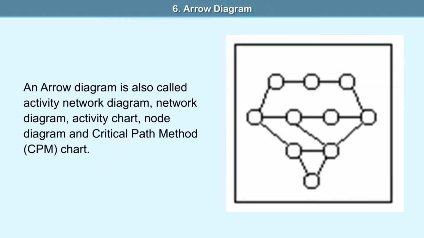Arrow diagram. They are also called activity network diagram, network diagram, activity chart, node diagram, CPM, that is critical path method, CPM chart or critical path method.